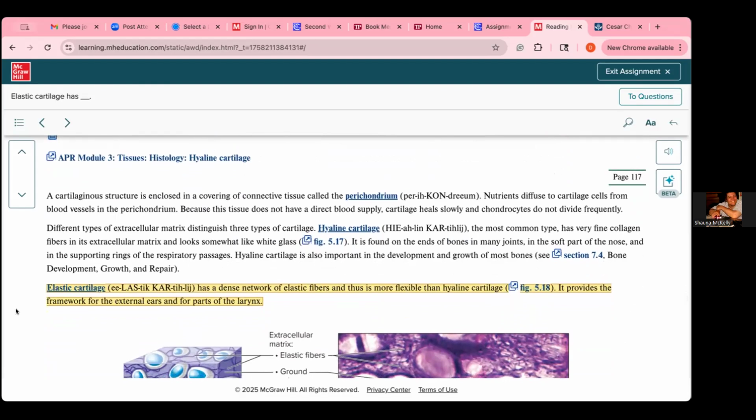Elastic cartilage has a dense network of elastic fibers, and is more flexible than hyaline cartilage. It provides the framework for the external ears and parts of the larynx. So it has a dense network of elastic fibers. That makes sense. That's what makes it elastic.